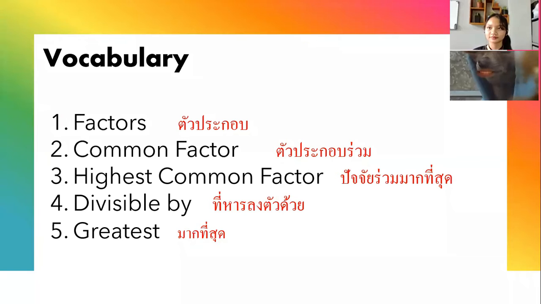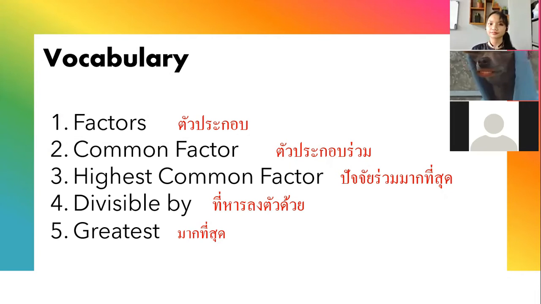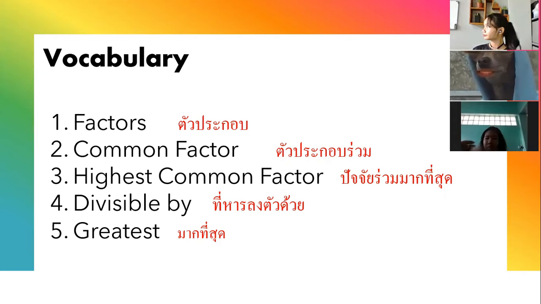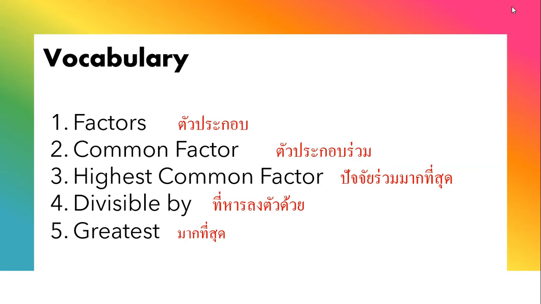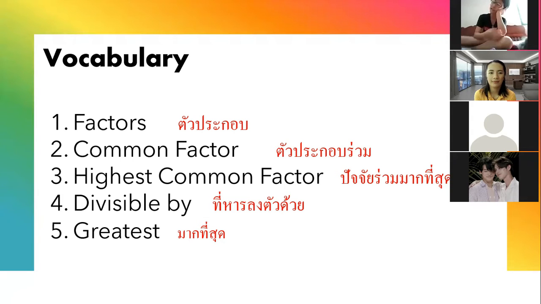Thank you for reading. Next, U. Factor. Common factor. Highest common factor. Divisible by, greatest. Very good. Thank you. Next, Beam. Factor, common factor, highest common factor, divisible by, number 5, greatest.